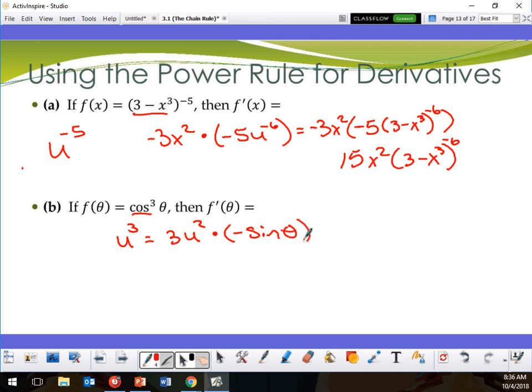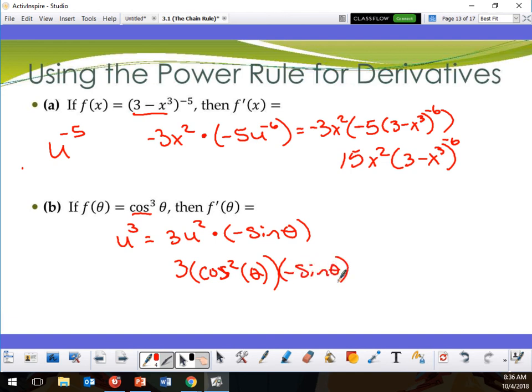So it's going to be times negative sine of theta. Okay, put the u back. So it's going to give me 3 cosine squared theta times negative sine theta.